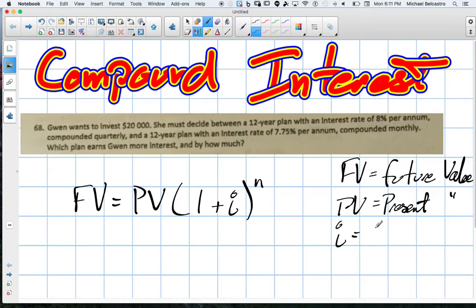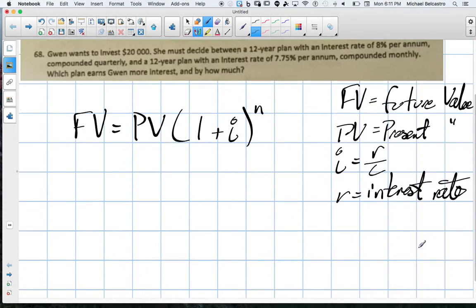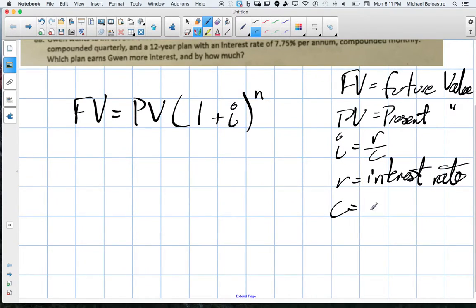I is actually equal to R over C, and R is your interest rate. And C is the compound period. And then finally, n is also a formula. So I'm going to point that out too.